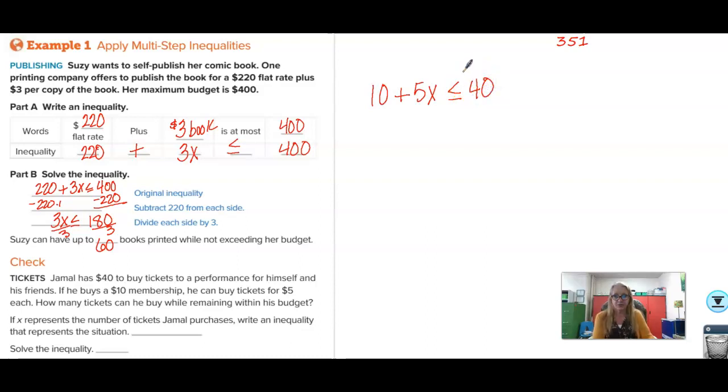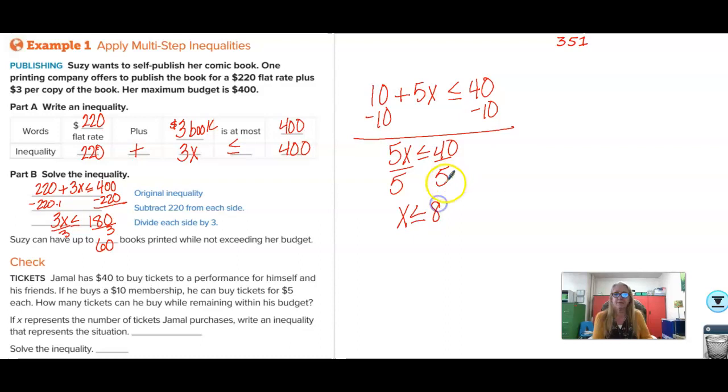So that's our equation, or inequality, and now we have to solve it. So we would subtract 10 from both sides to get the x on one side of the equation. That gives us 5x is less than or equal to 40, and then we divide both sides by 5, and that gives us x is less than or equal to 8. So the number of tickets Jamal can afford to purchase is 8.